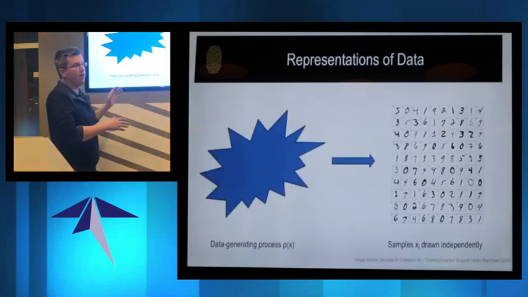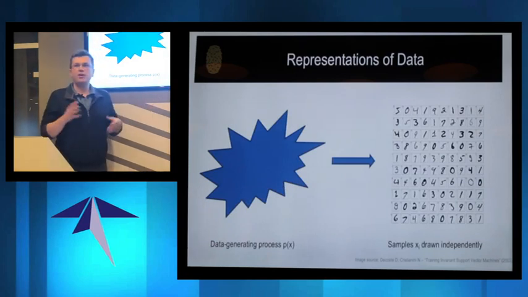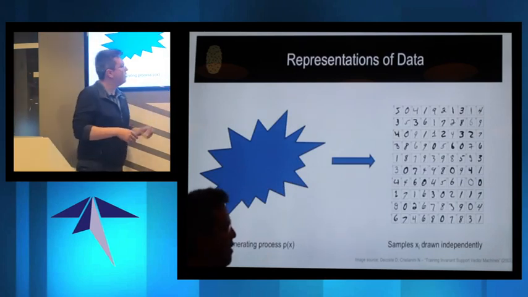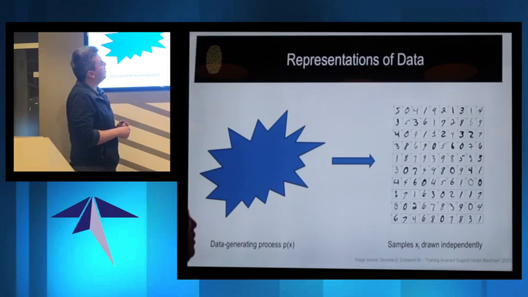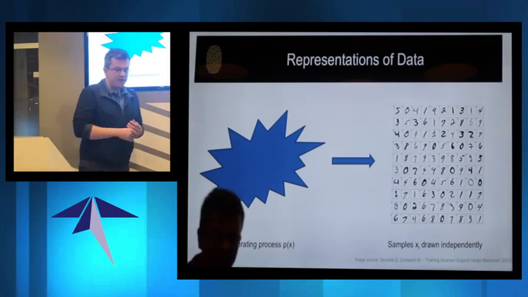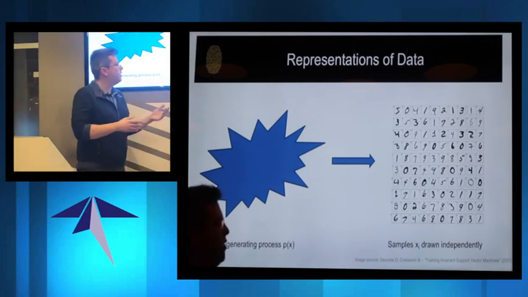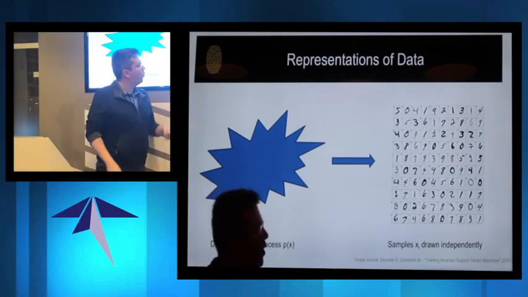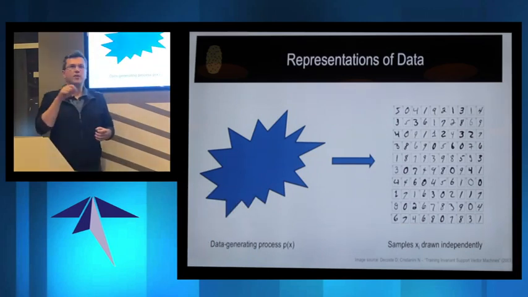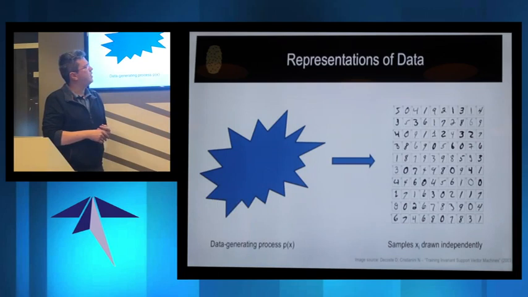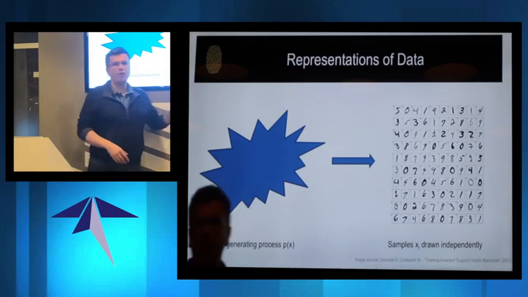So we have this process in the background. It's a natural process. There's something very complicated happening, and what we see is a bunch of samples coming in. This is a classic data set used in machine learning. It's called MNIST. The problem here is identifying what digit people have written. It's about 70,000 of them written by different people, and machine learning has to go through them and say this is a 6, this is a 7, this is a 4.